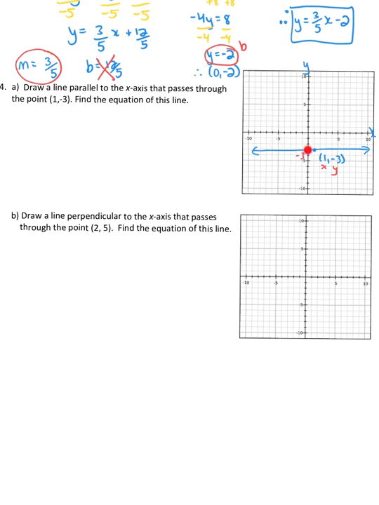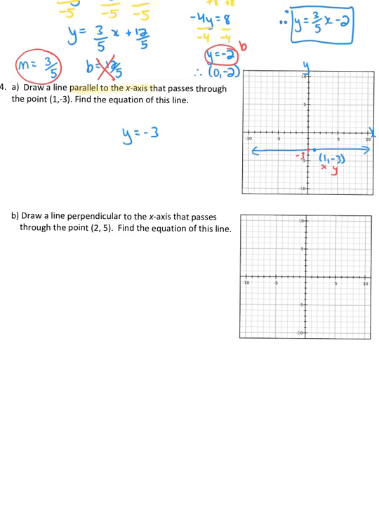So you went down the y-axis by 3. So the equation of this line is y equals negative 3. We have already seen that the equations of horizontal lines will always have the form y equals the value it crosses the y-axis at. So in 4a, we were parallel to the x-axis.